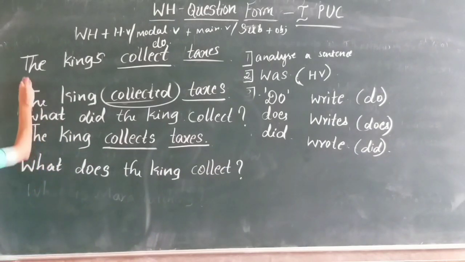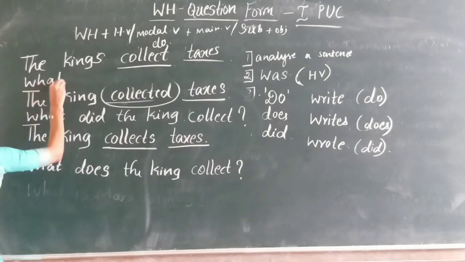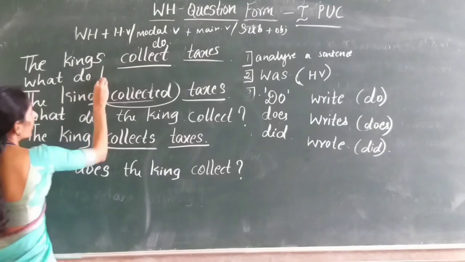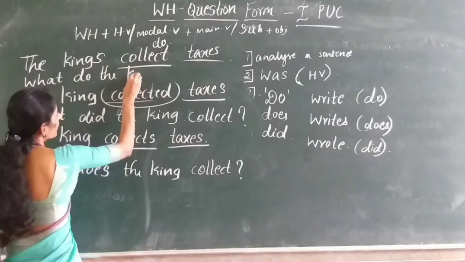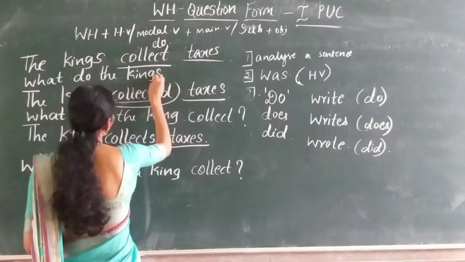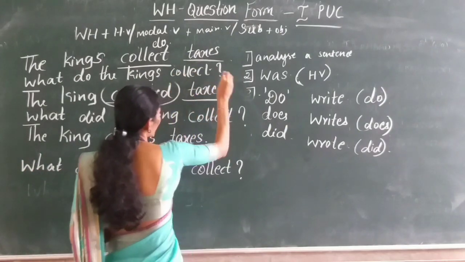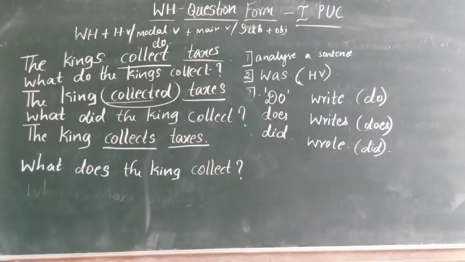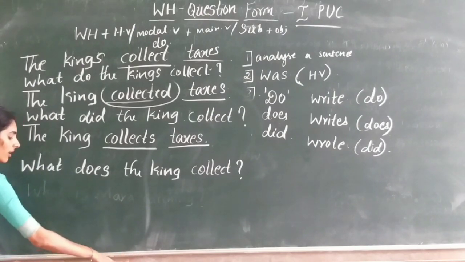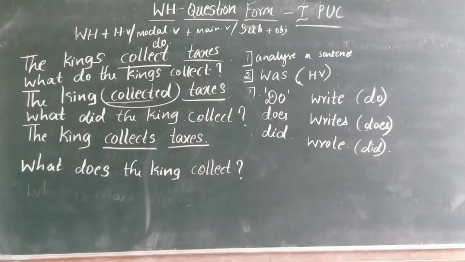Do. So, what do the kings collect? What do the kings collect? So, this is how we frame WH question if there is no helping verb, especially while framing questions to the objects of a sentence.